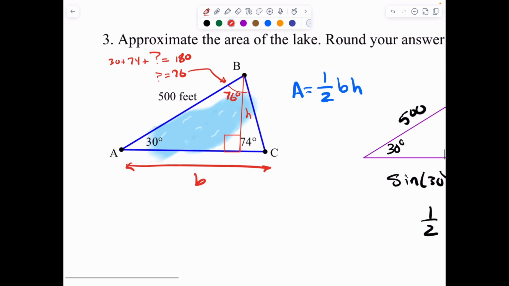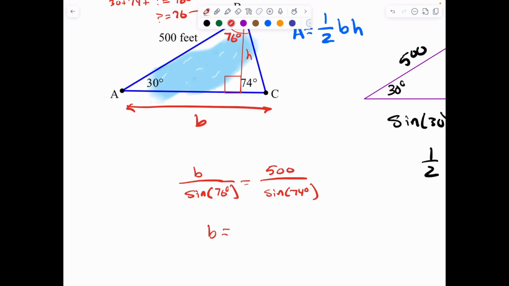Now we'll use the law of sines, and we end up with b over the sine of 76. This is backwards from the way that I've been doing it in class, but you can flip these over. It's fine. So that means that b is equal to 500 times the sine of 76 over the sine of 74.